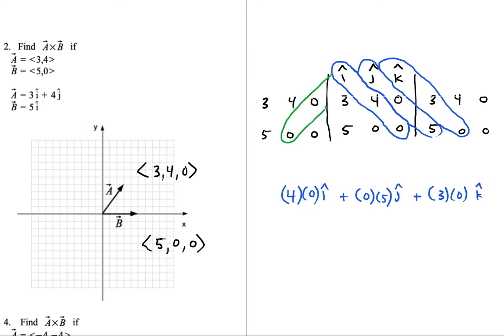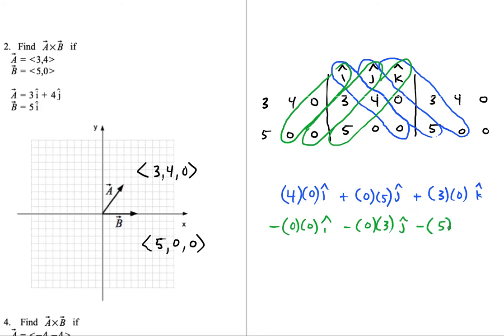Now we'll do our backward diagonals, and we'll subtract those: 0 times 0 i, 0 times 3 j, 5 times 4 k.